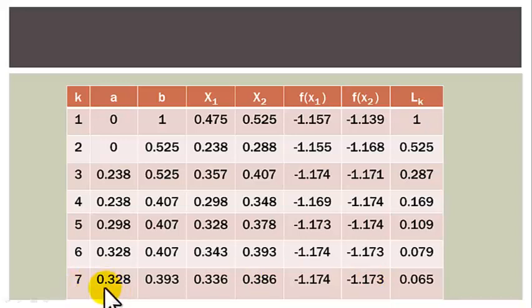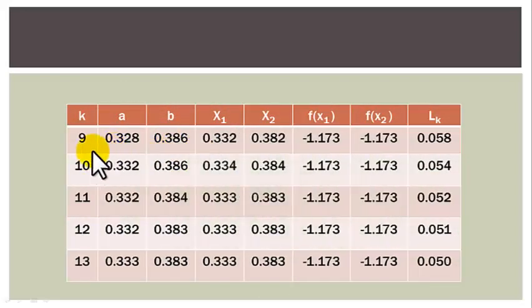Here is our a, which is 0.328, and here is our x2, which is 0.386. So this will then give us this new interval of uncertainty from 0.238 to 0.386. We can continue this way until we get to the last interval of uncertainty.